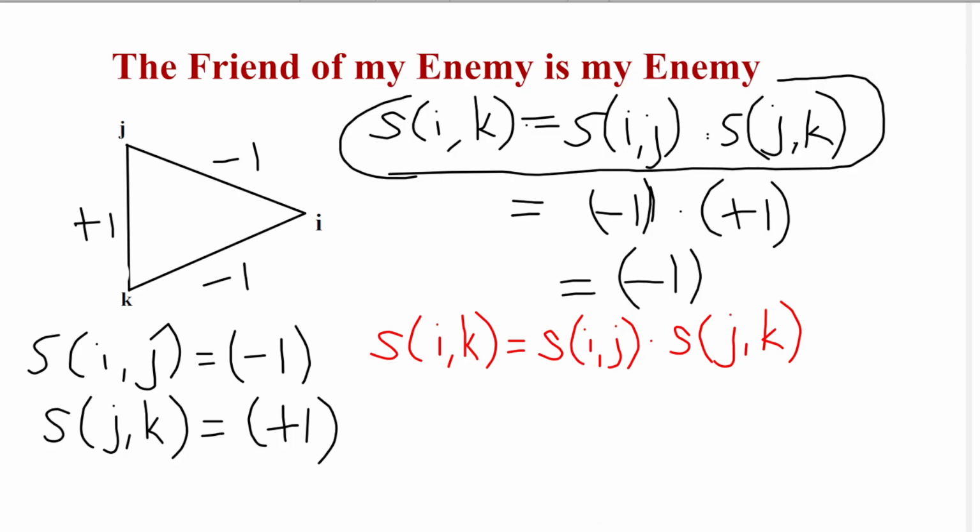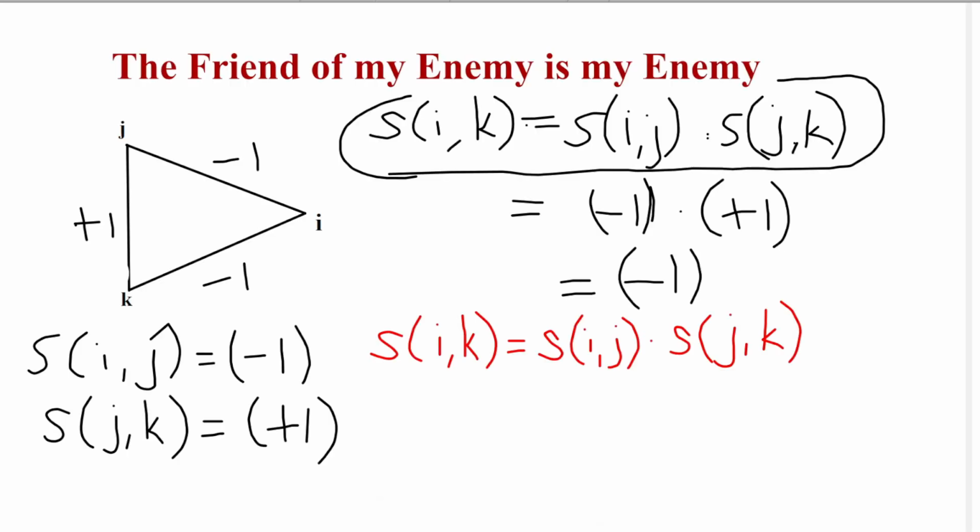So if we want to verify its truth, if I multiply this by this and this, it should give me a positive, which confirms, according to the Heider theory, that the relationship is balanced.